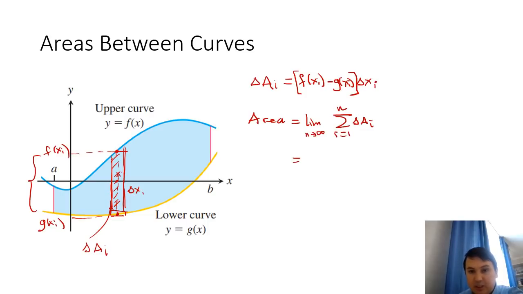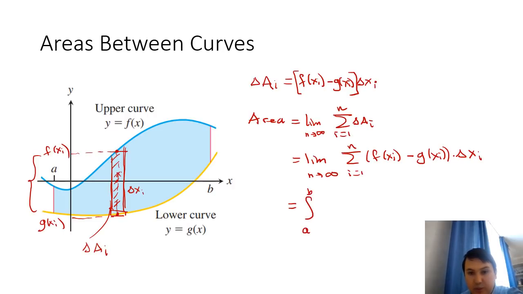Now let's write it in the Riemann sum form: the upper function minus the lower function times delta xi. And in the end you get simply a definite integral from a to b of f of x minus g of x dx. So that's the area formula.